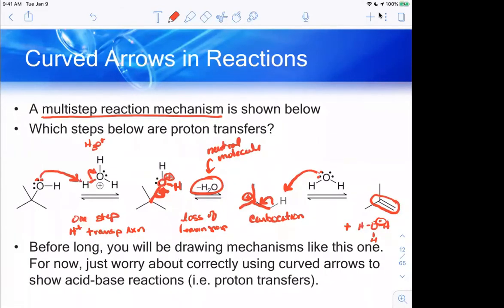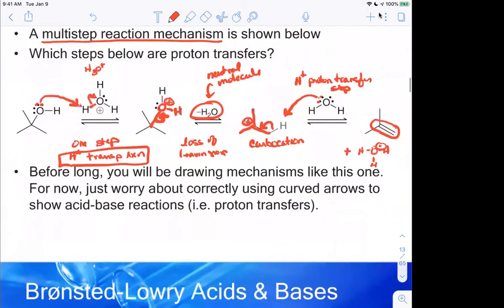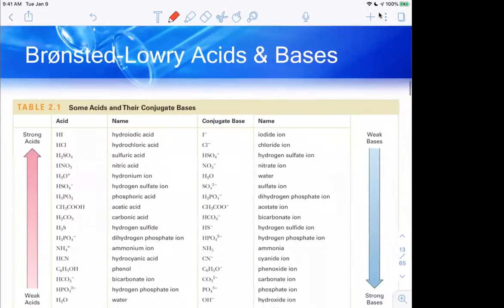This may seem really, really complicated, and it is. I'm just showing you that this is our ultimate goal. Later on, we're going to look at mechanisms that describe all these steps. This is a proton transfer step, and this is a proton transfer step, because all that changes is one hydrogen in between. So we'll get to that point in the future.